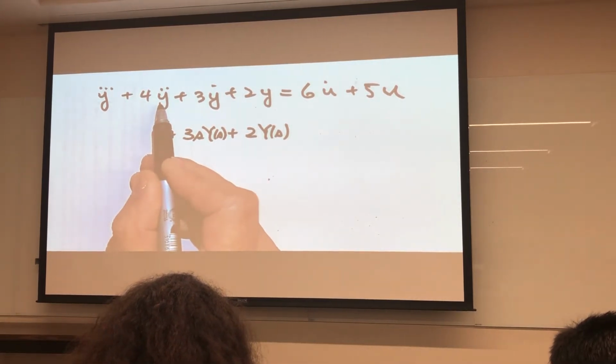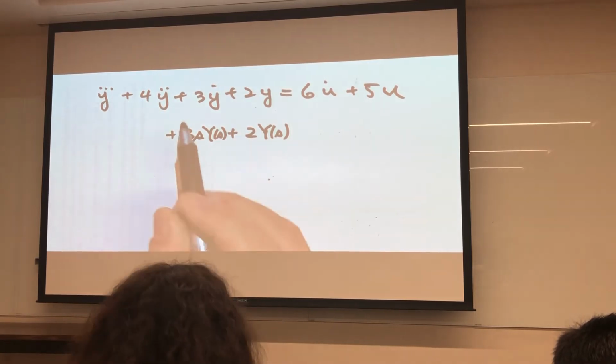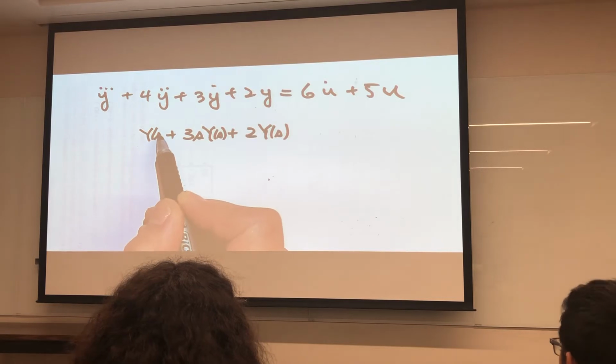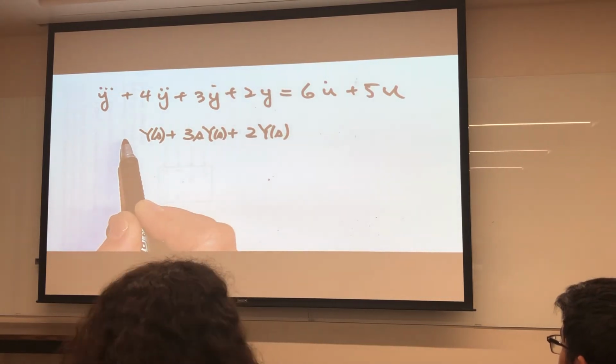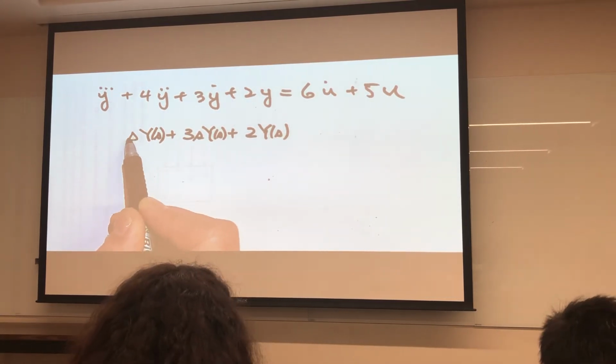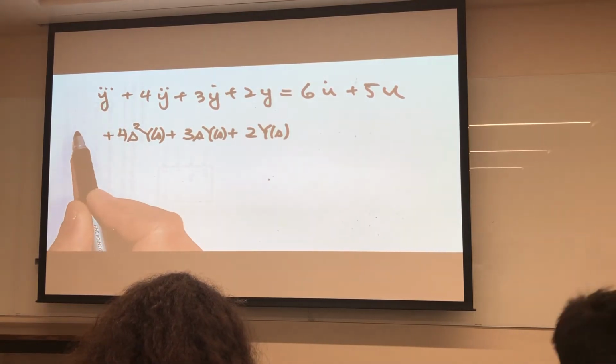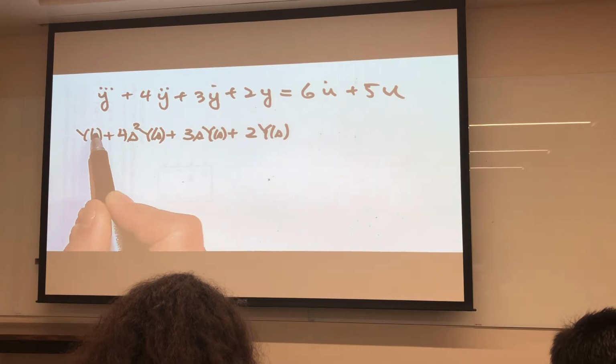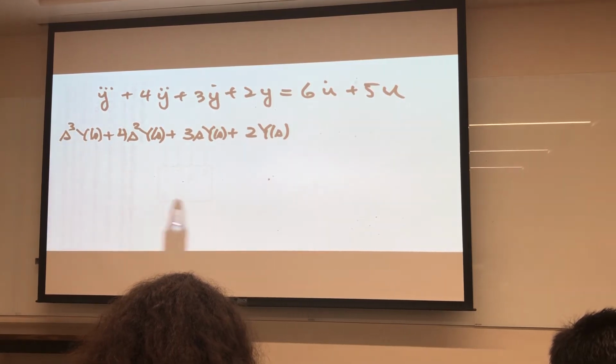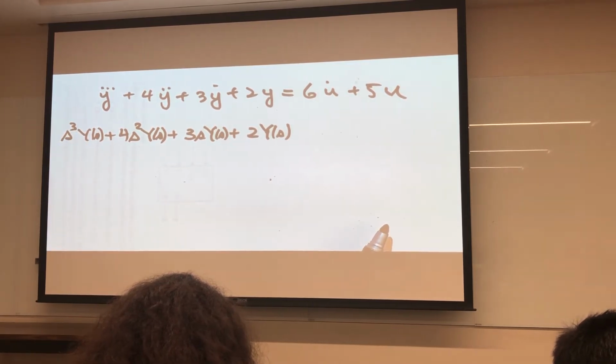What do you think would happen here? How would this transform? Any suggestions? I take Y of S. I multiply by S squared. Excellent. And then I put the 4 out here. And then this becomes Y of S S cubed.